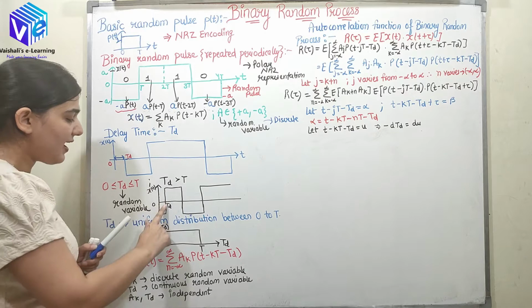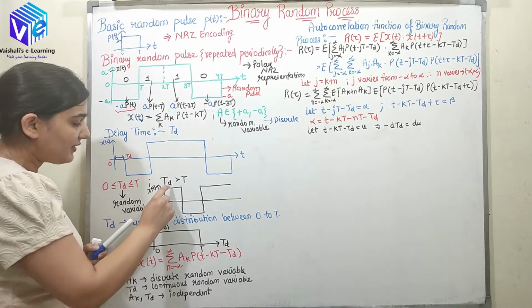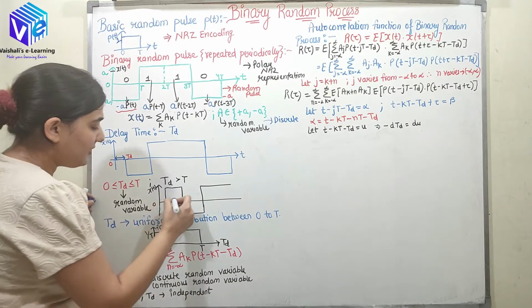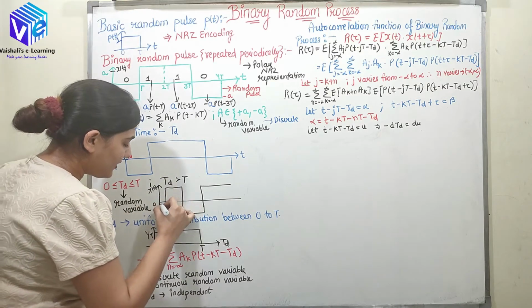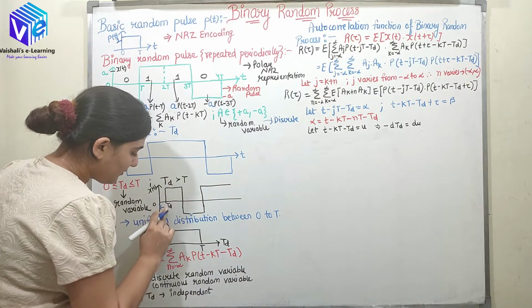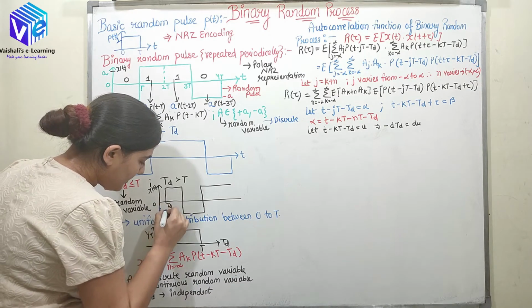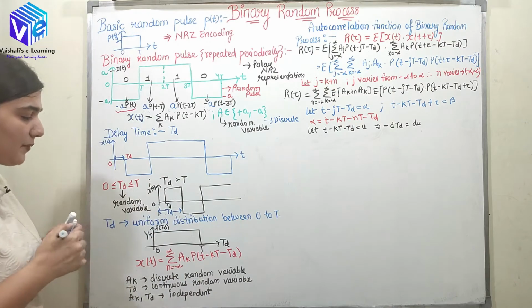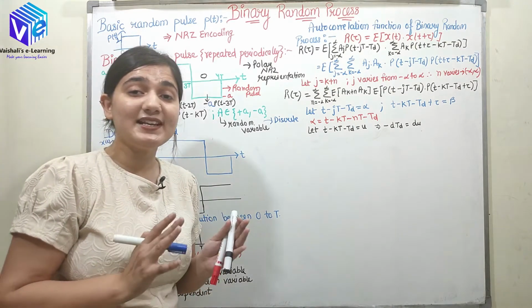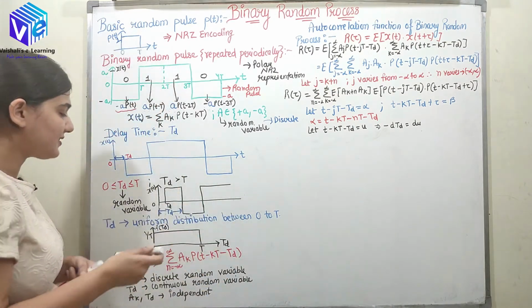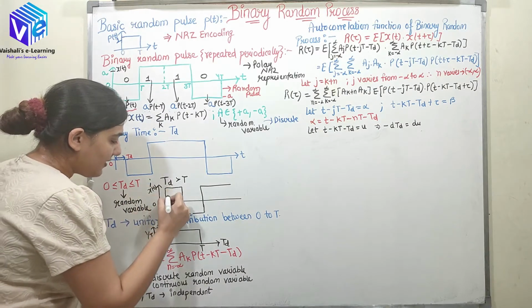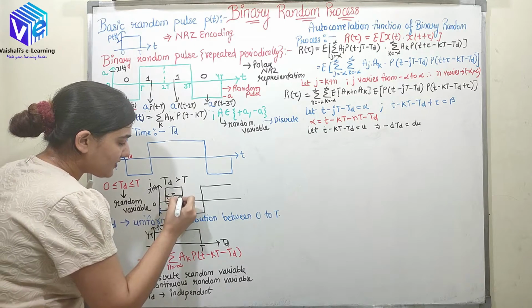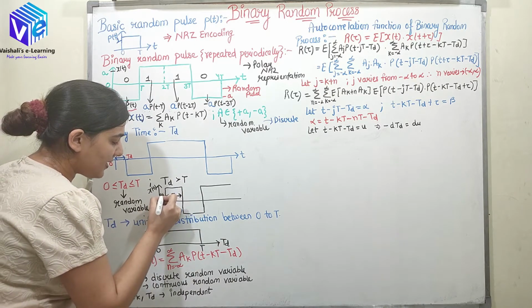Let's suppose I take the case that TD is greater than capital T. What will happen then? This is my TD, but the delay time is only considered when the first pulse starts. Now here it is greater than capital T as well. So this is capital T and this is the remaining time.